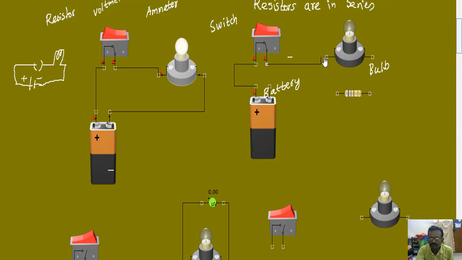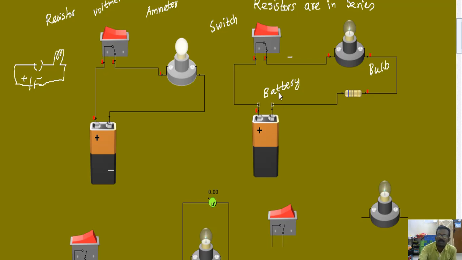Then this will go to the other terminal, then this terminal will go to the resistor. The other end of the resistor will reach the battery. This is the plus terminal, this is the minus terminal.